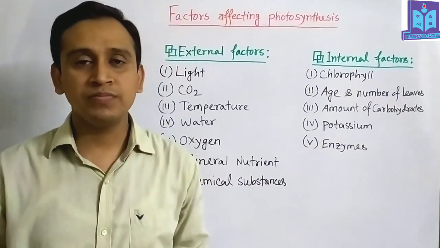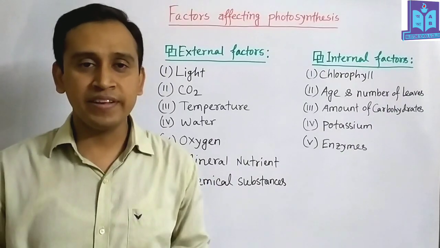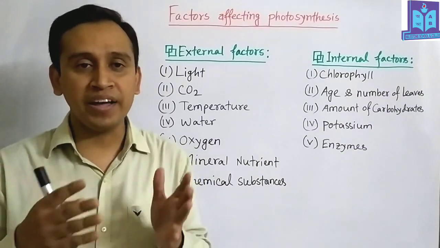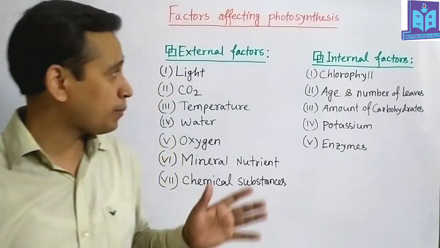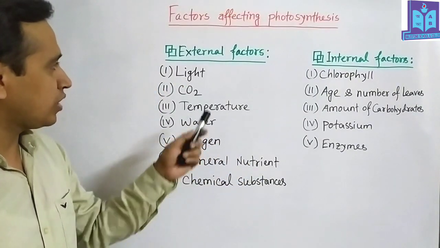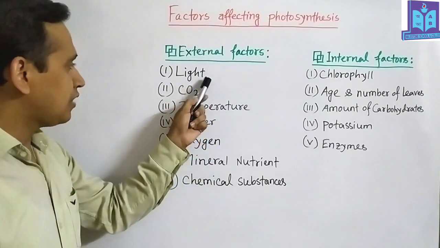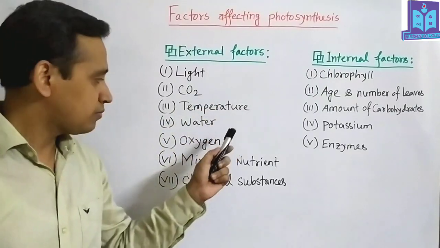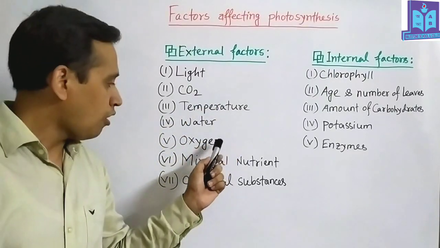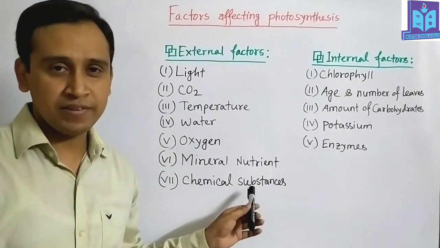Let's talk about the factors affecting photosynthesis. Photosynthesis is affected by some external and some internal factors. So let's talk about the factors. First one is external factors. The external factors are light, carbon dioxide, temperature, water, oxygen, mineral nutrients and chemical substances.